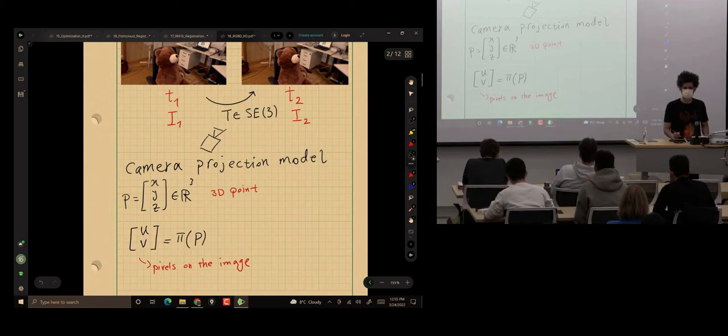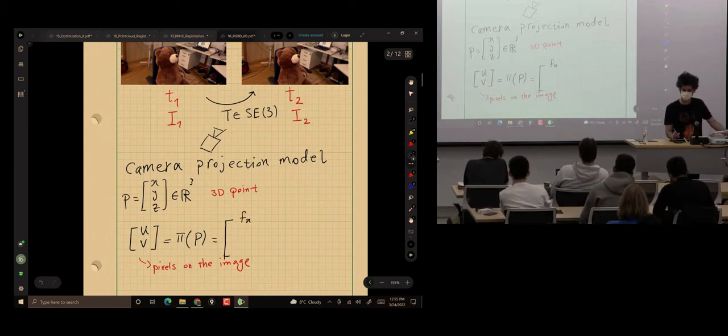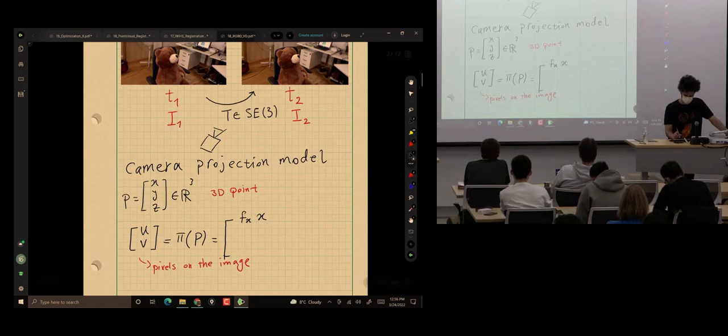So my projection function pi will take this point, and U and V will be like this. The focal distance of the camera along X times the value of the coordinate of the point along X direction divided by Z, plus some distance from the center of the image.